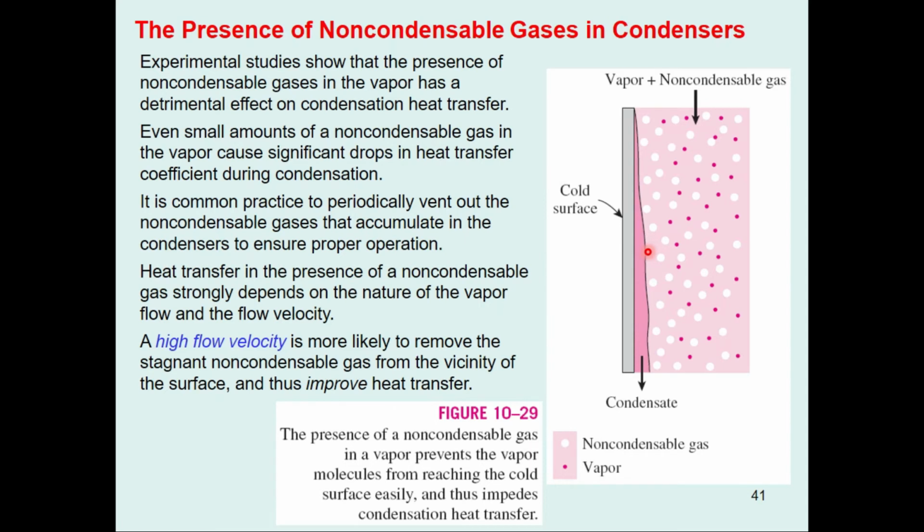The heat transfer in the presence of non-condensable gas strongly depends upon two things: the nature of the vapor flow and the flow velocity, right? A high flow velocity is more likely to remove the stagnant non-condensable gas from the vicinity of the surface, which ultimately improves the heat transfer rate.